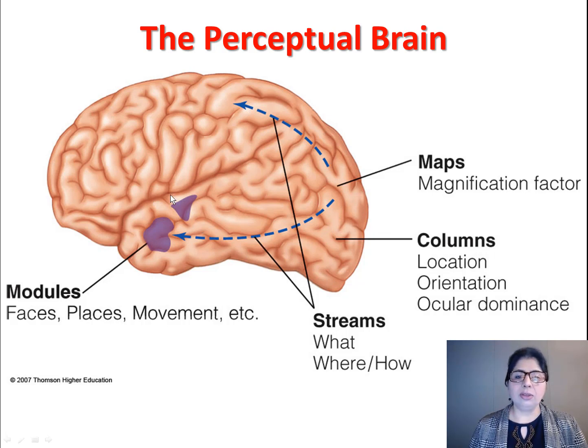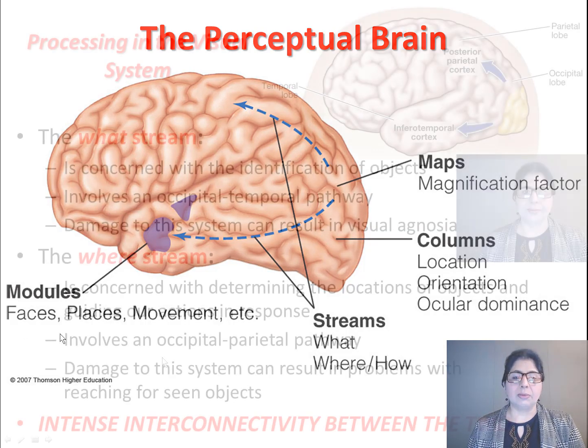Down the ventral stream is where we start seeing modules that are specialized for processing one or the other type of objects in our environment. Some of the highest modules represent very complex and very defined processing of complex stimuli like faces.